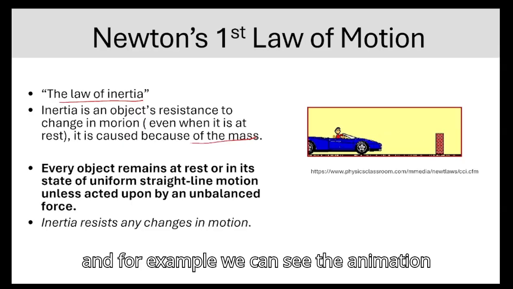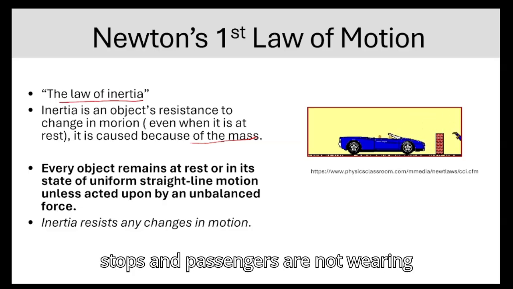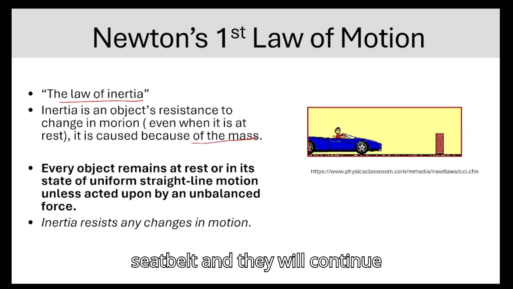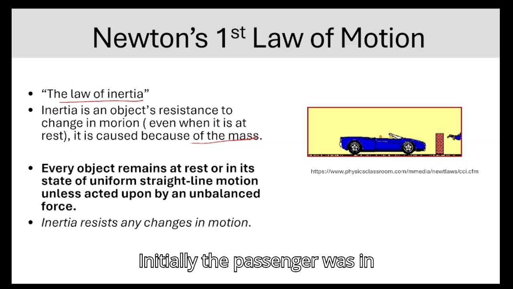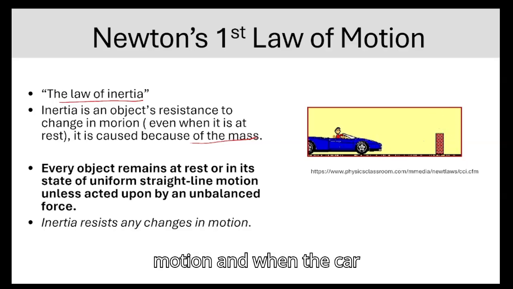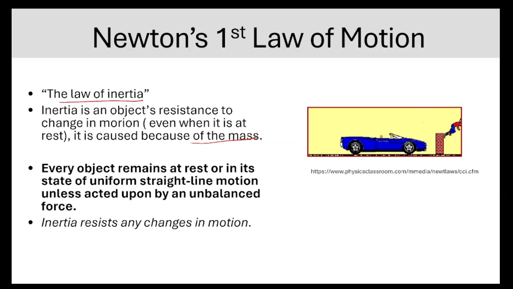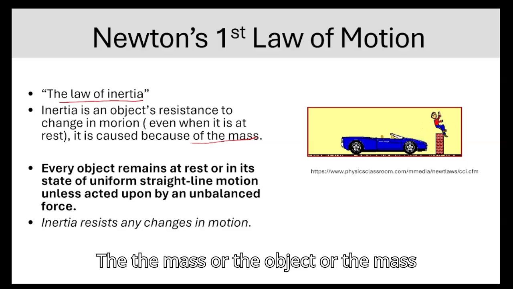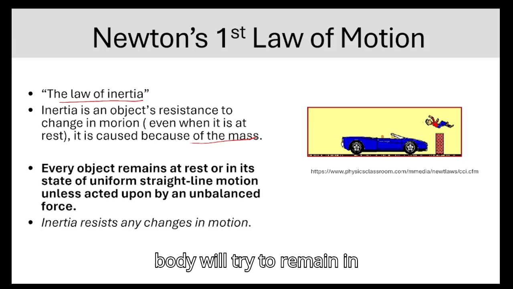For example, we can see the animation here. If a car suddenly stops and passengers are not wearing seat belts, they will continue moving forward due to inertia, because initially the passenger was in motion, and when the car suddenly stopped, the mass of the passenger's body will try to remain in motion.